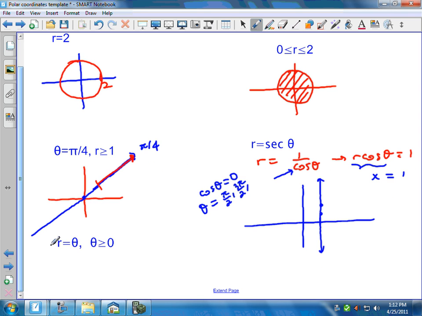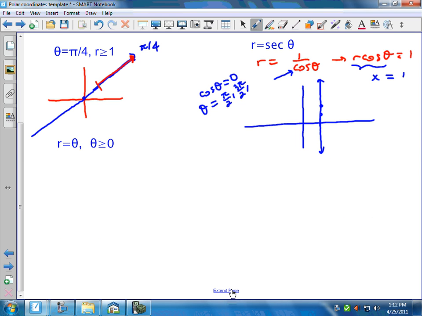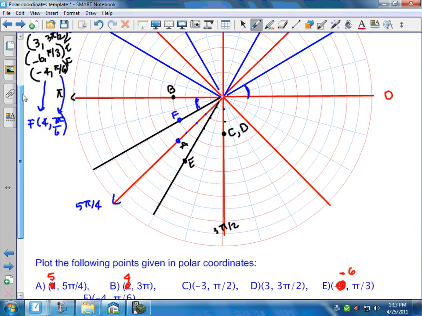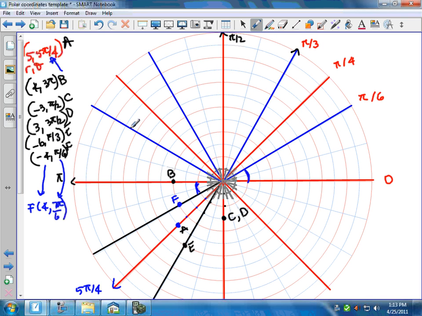What about something like this? r equals theta, theta greater than or equal to 0. What kind of a graph would that be? r equals theta. So as theta is getting larger, I want to go back to my polar graphing paper so I can show you this better. Okay, let me get another color here. So you start at theta equals 0, and you're going to go around the circle that way.